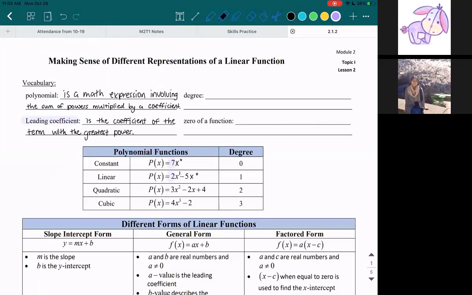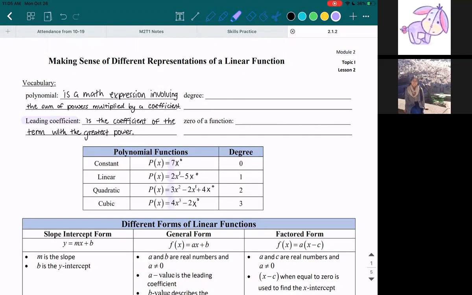We also have the third one, which is quadratic. We have the power of 2, the power of 1, the power of 0, and 2 is bigger than 1 and 0, so 2 is the greatest power. Therefore, the leading coefficient would be 3. Finally, last but not least, we have the cubic function 4x cubed minus 2. So the power is 3, and then this power is 0. 3 is bigger than 0. Therefore, the leading coefficient would be 4.